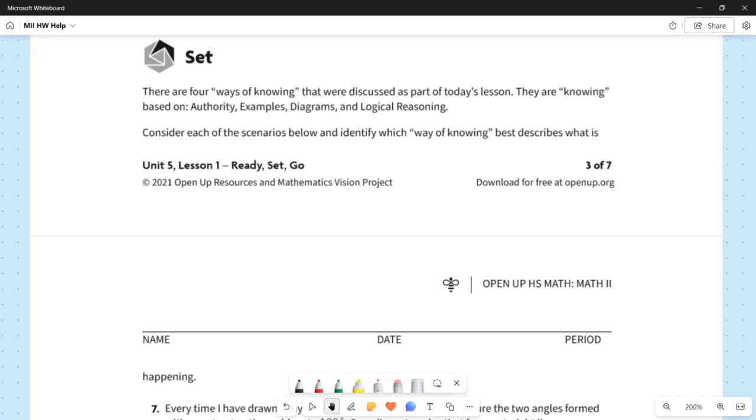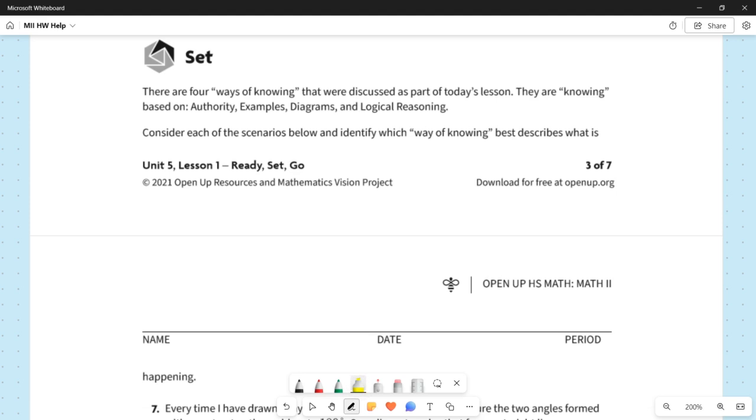Moving on to the set section, there are 4 ways of knowing that were discussed as part of today's lesson. They are knowing based on authority, examples, diagrams, and logical reasoning. Consider each of the scenarios below and identify which way of knowing best describes what is happening.